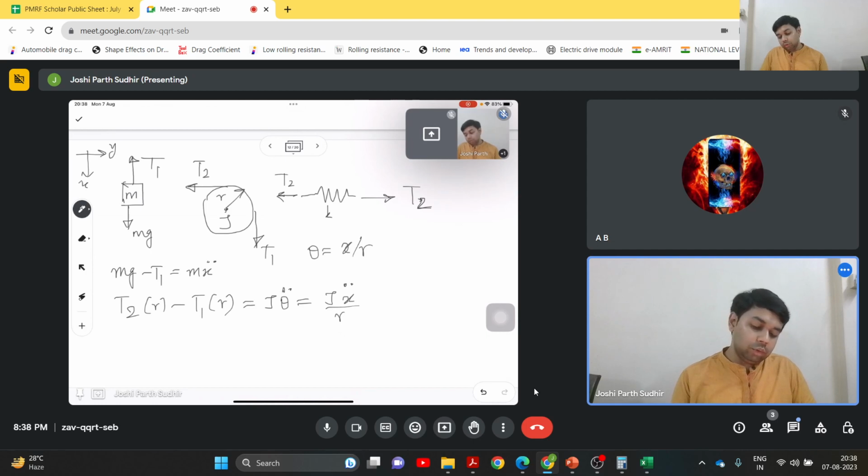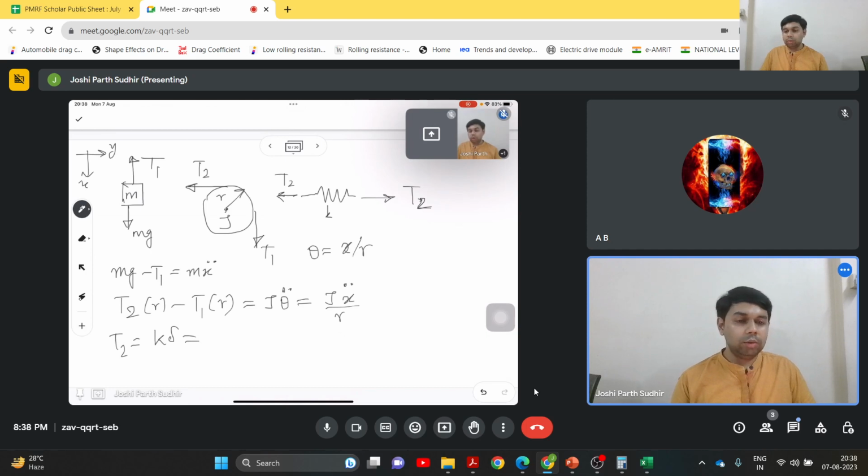And similarly for the spring force, T2 can be written as k into the deflection of the spring. The deflection of the spring is related to the displacement x.